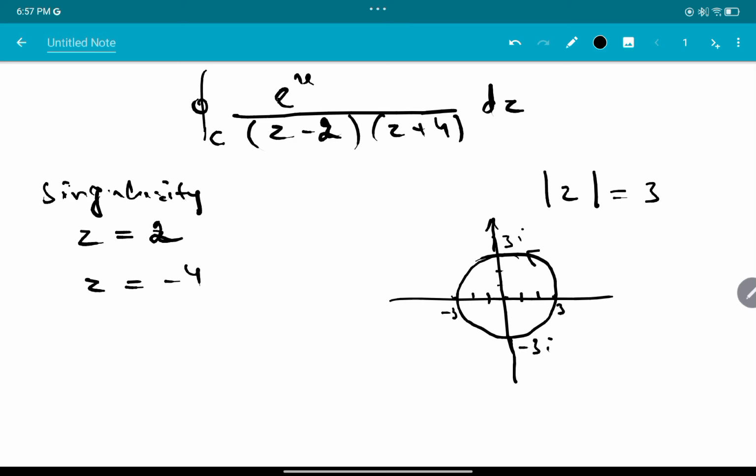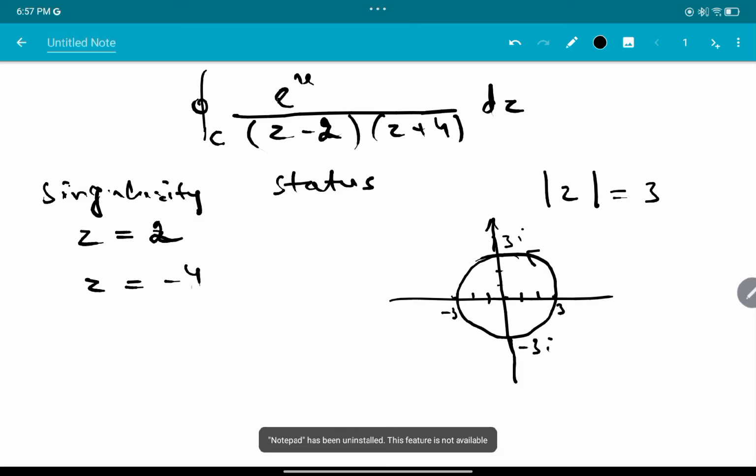Next thing that you will check about these singularities is whether any of them is enclosed by this C or not. So you have another column here where you will check the states of these singularities. By states we shall mean whether this singularity occurs within this curve or not.